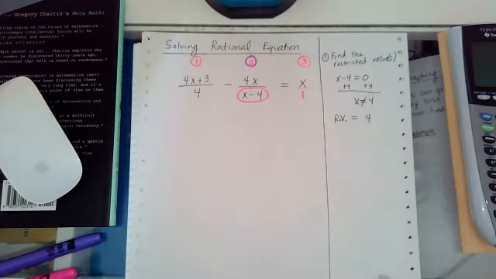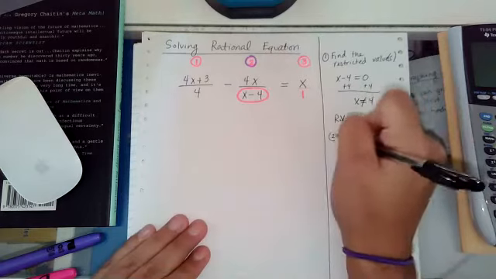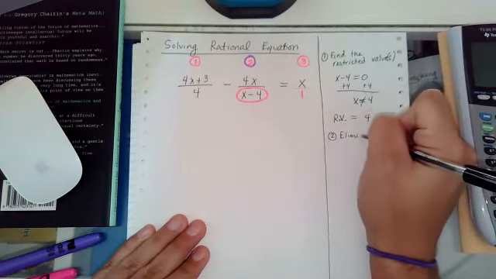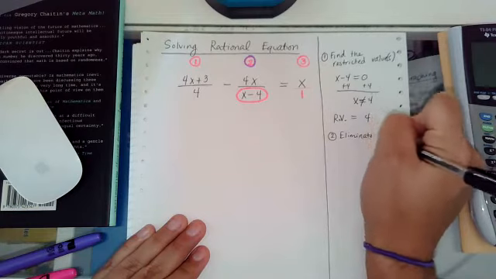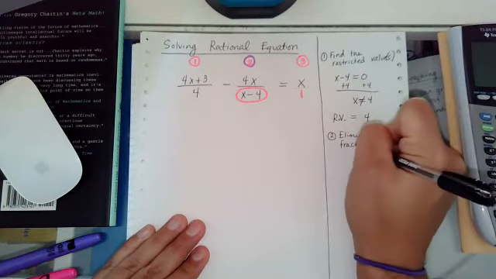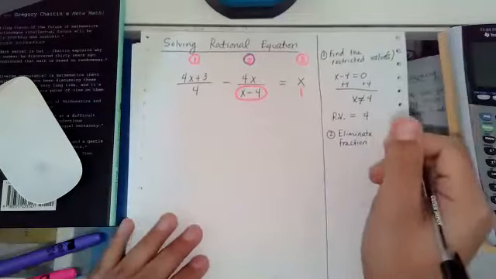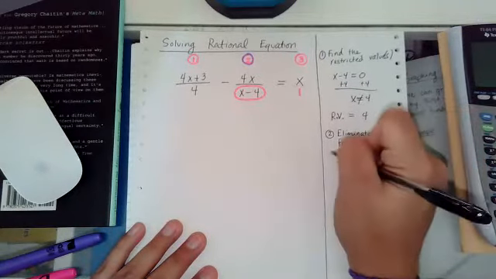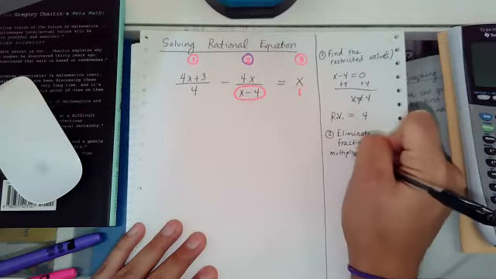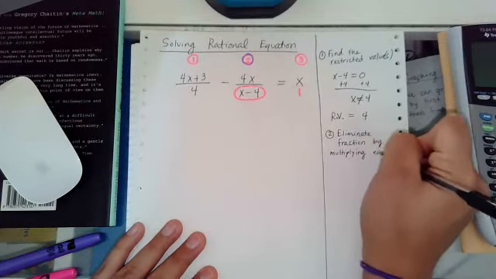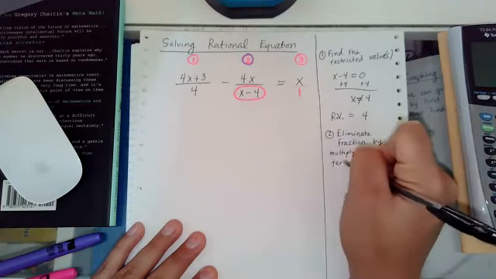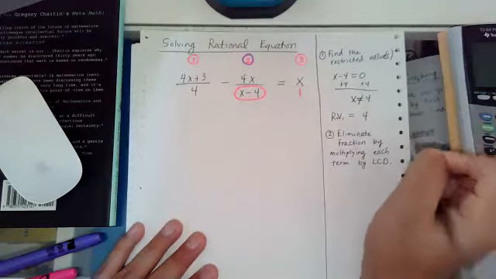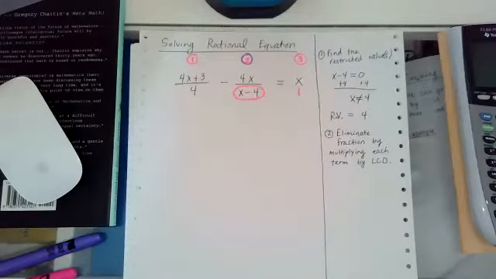The next step is that we need to eliminate the fractions or cancel out the denominators. And the way we've eliminated fractions in the past is by multiplying each term by the least common denominator of all of the fractions.